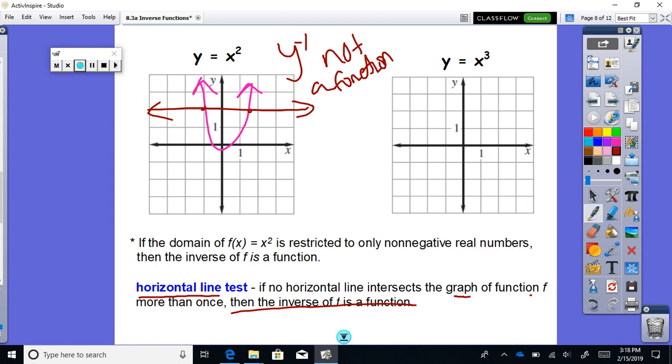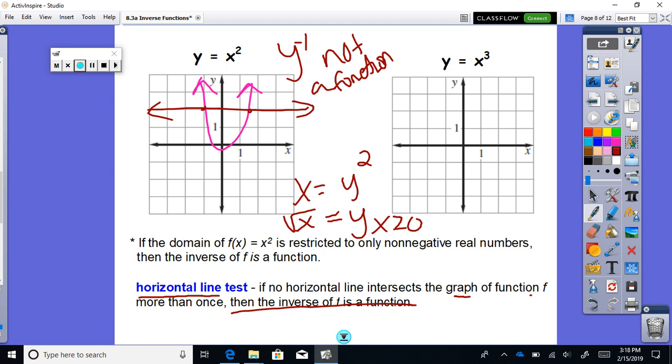So the inverse of this would be x equals y squared. So solve for y, you get square root of x equals y. So this is the inverse of y equals x squared. So we could make this a function as long as we said x was greater than or equal to 0.